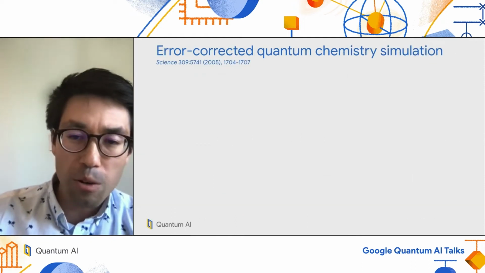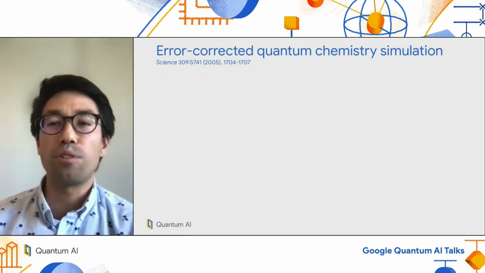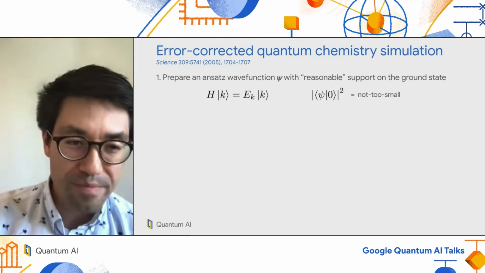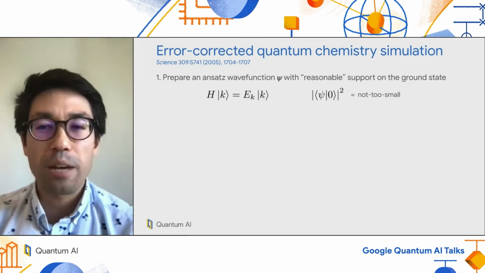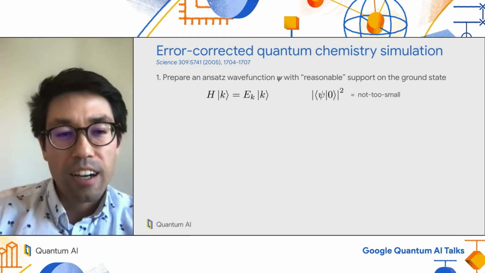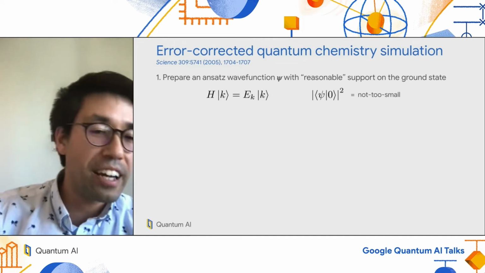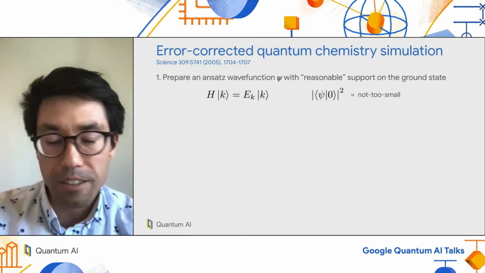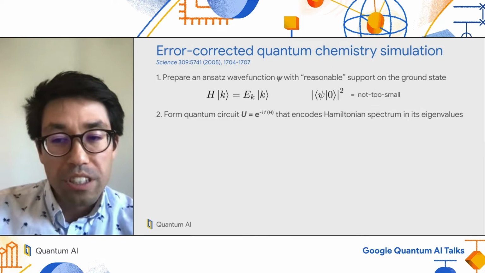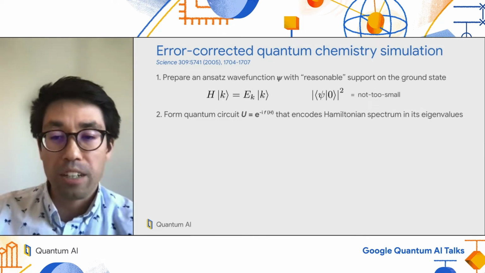So the algorithm that we are going to focus on is phase estimation. It allows us to sample in the eigenbasis of a given Hamiltonian, and it works in the following way. We're given some Hamiltonian, and we consider its eigenvectors and eigenvalues. We're also given a state, psi, some ansatz, that we're going to say has reasonable support on the ground state. We perform a circuit that corresponds to a unitary generated by a simple function of that Hamiltonian H, and that encodes the spectrum.